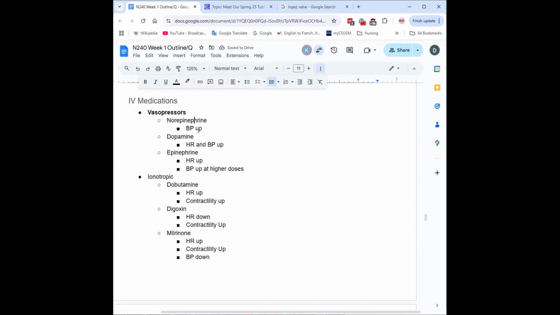So norepi is BP up, dopamine is heart rate and BP up. Does both, so it's dope. Epinephrine, heart rate goes up. Actually, once you guys get to week 2, I do have a fun way to remember epinephrine in one of the algorithms that I'll talk about later.